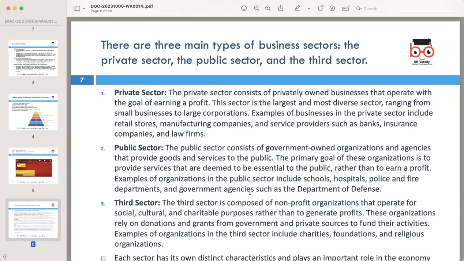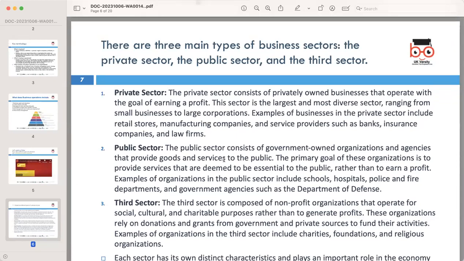Examples of organizations in the public sector include schools, hospitals, police and fire departments, and government agencies such as the Department of Defense. So the public sector consists of government-owned organizations and agencies dedicated to providing essential goods and services to the public. Profit generation is not the main goal here.